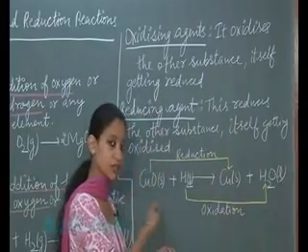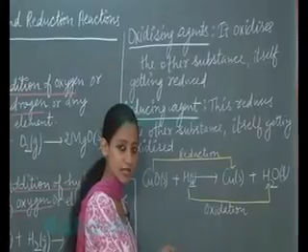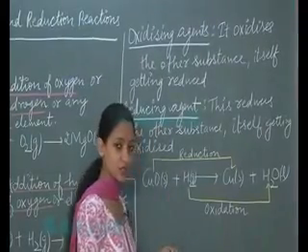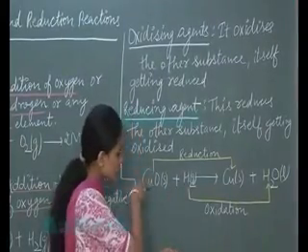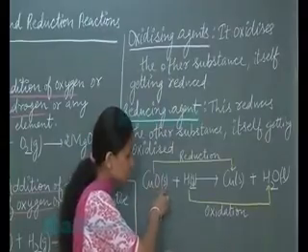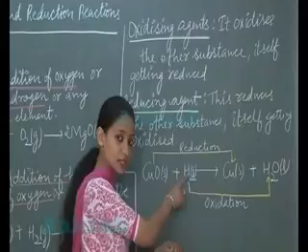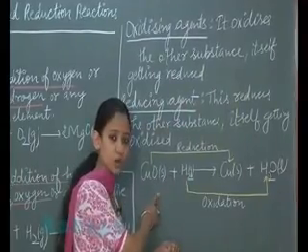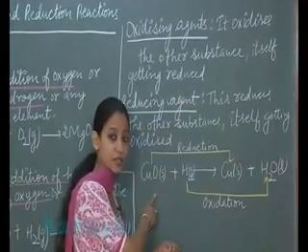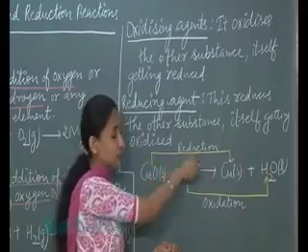Now let us see which of the reactants is acting as oxidizing agent and which is acting as reducing agent. Now students, this copper oxide is providing oxygen to hydrogen. Therefore it is oxidizing this, and when it is oxidizing hydrogen, this is acting as which type of agent? It is acting as oxidizing agent, itself getting reduced.